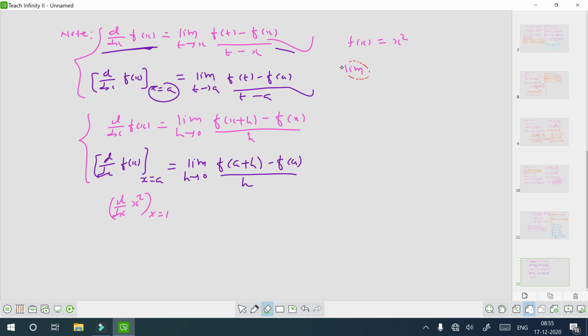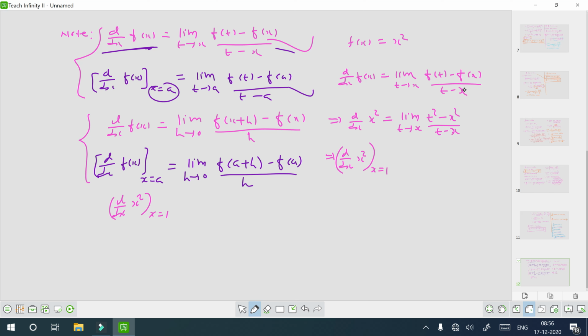D by dx of fx is equal to limit t tends to x, f of t minus fx upon t minus x. This implies d by dx of x square is equal to limit t tends to x, t square minus x square over t minus x. But what we want is d by dx of x square at x is equal to 1.